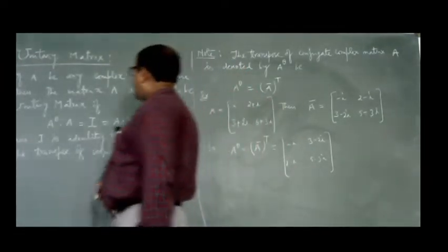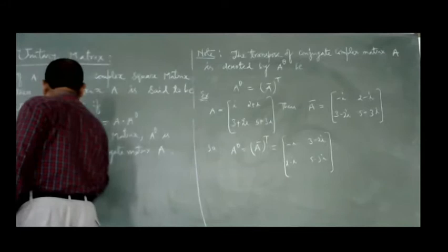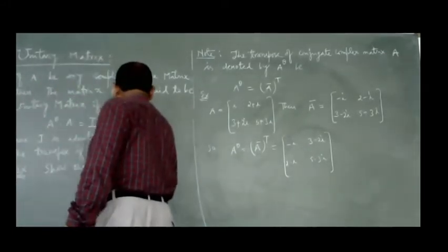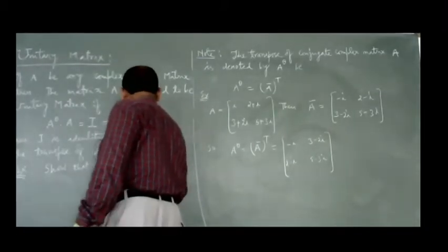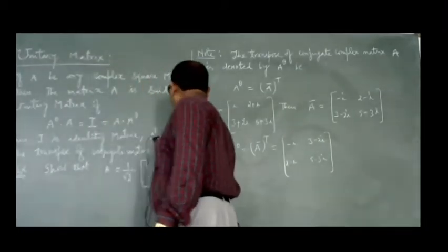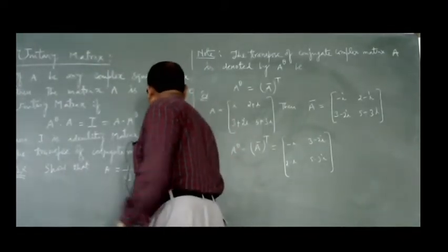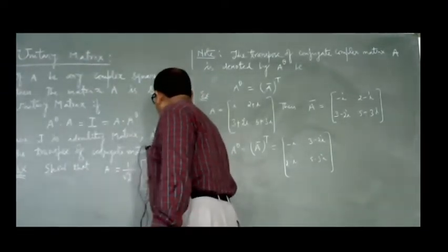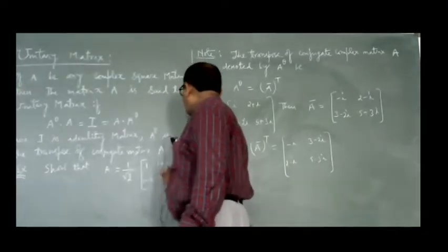Suppose, for example, A is equal to 1 upon root 2 times the matrix 1, 1 plus i, 1 minus i, minus 1.